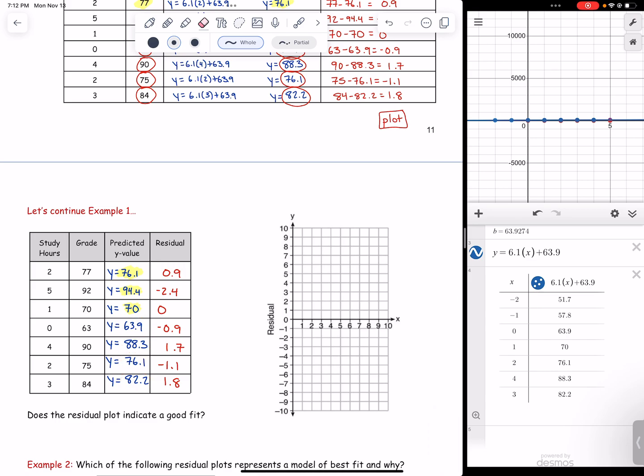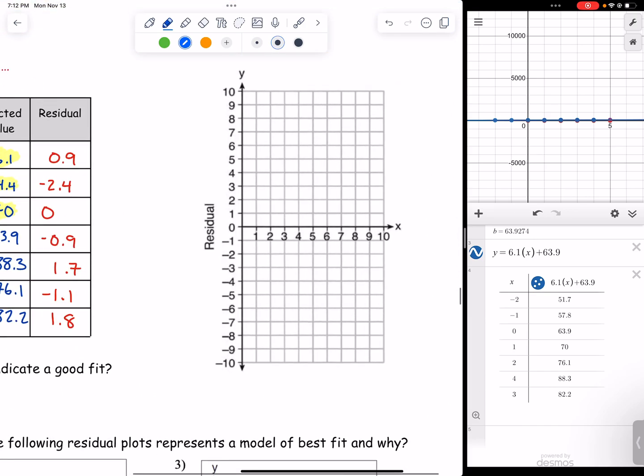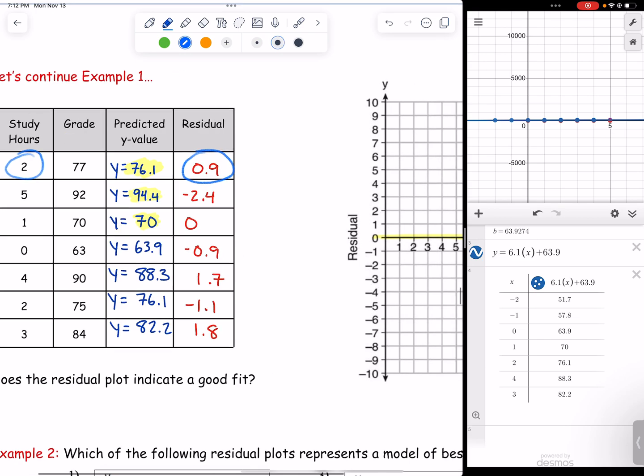What you want to do to create a residual plot is you are not plotting the predicted values. You are only plotting the residuals, and it's around the x-axis. So treat it like you're just going above or below the x-axis this amount. So 0.9, I'm just going to plot with the 2. So 2 goes with 0.9.